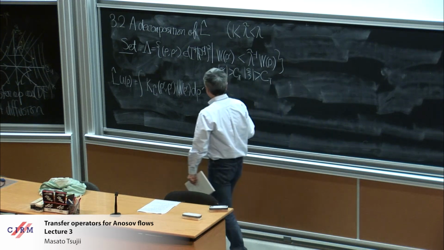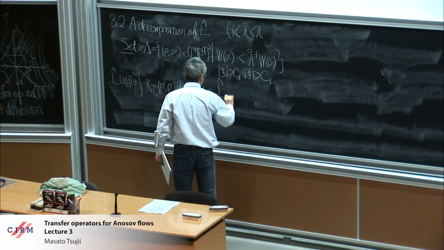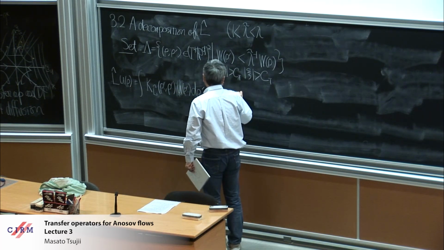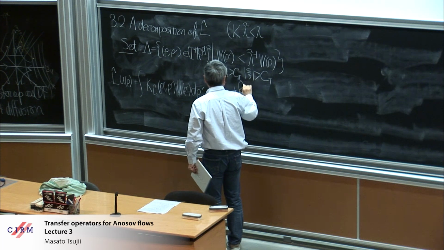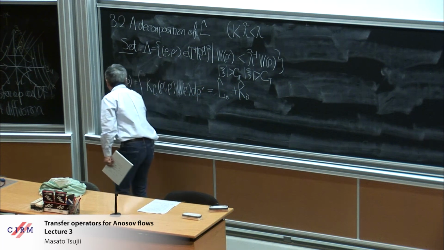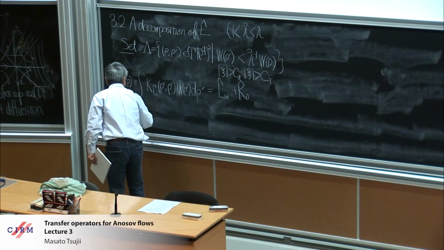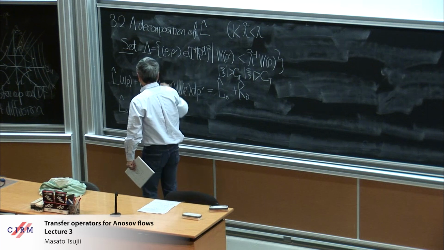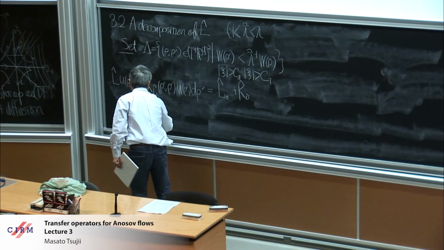And so decompose it as L0 hat plus K0 hat. And L0 hat is just a restriction of this kernel to this set. So maybe we can write it in this form.